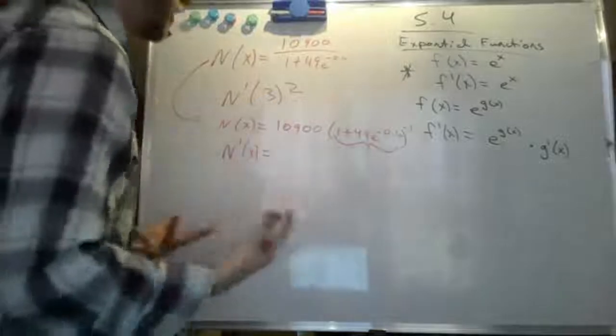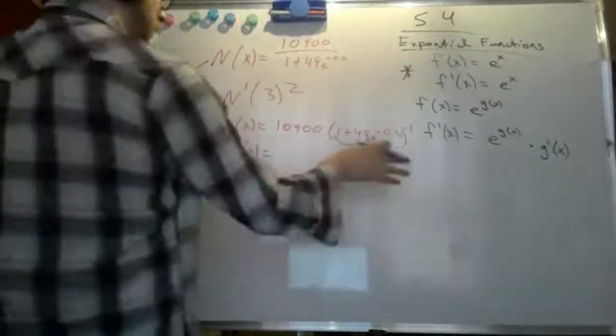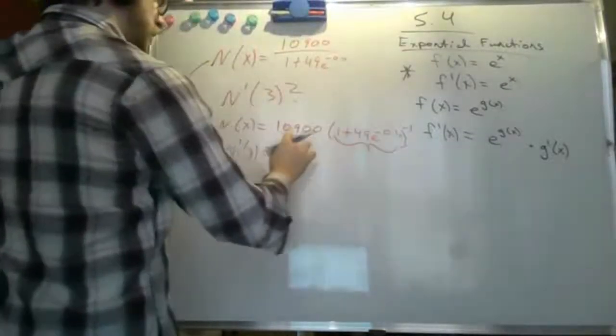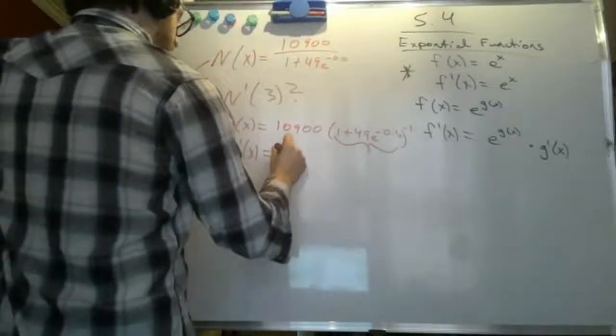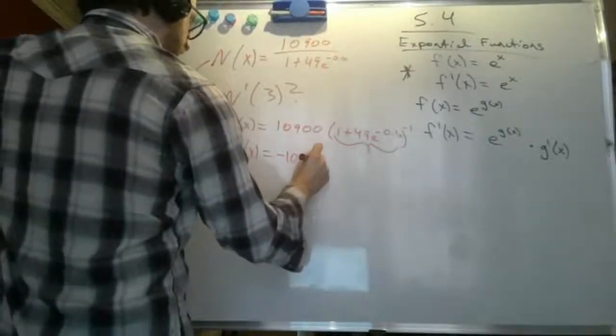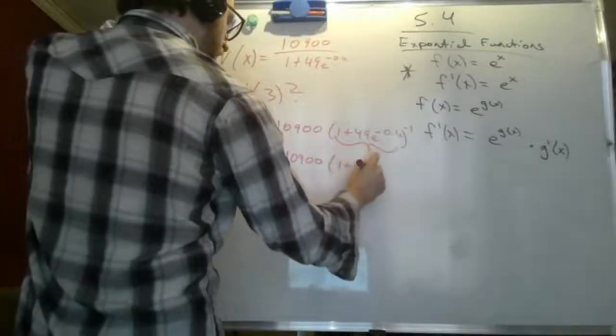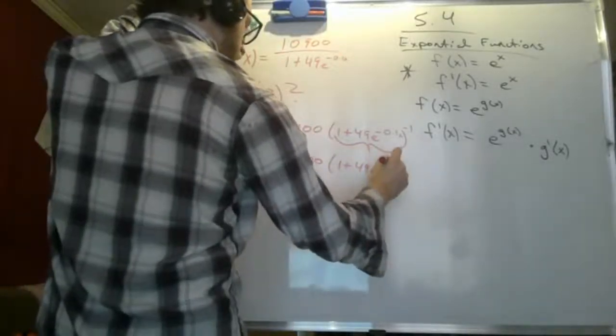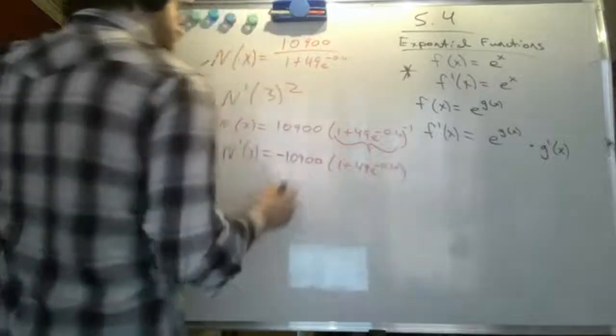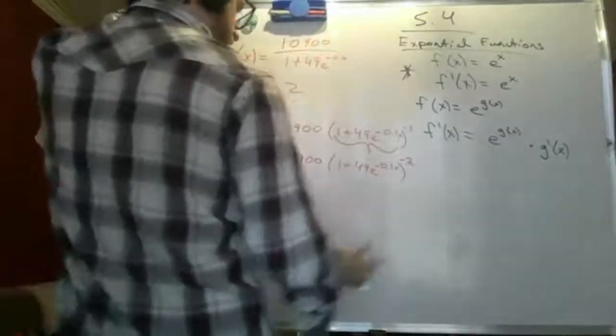Well, by the power rule, when I take the derivative of this, the negative 1 comes to the outside. So I've got negative 10,900 times 1 plus 49 e to the negative 0.1 x, leave the inside alone to start with, raise it to the negative 2 power, and then multiply it by the derivative of the inside part.